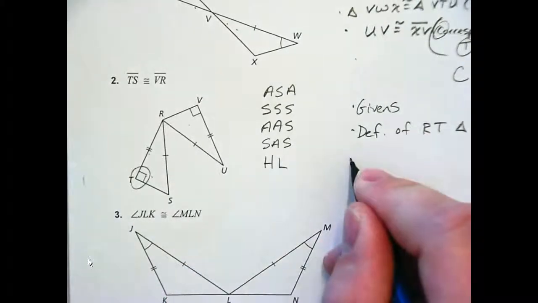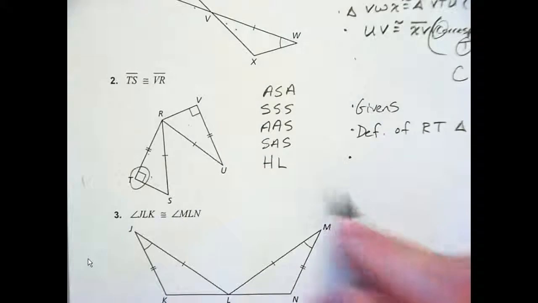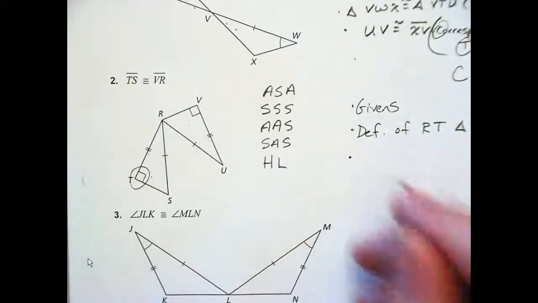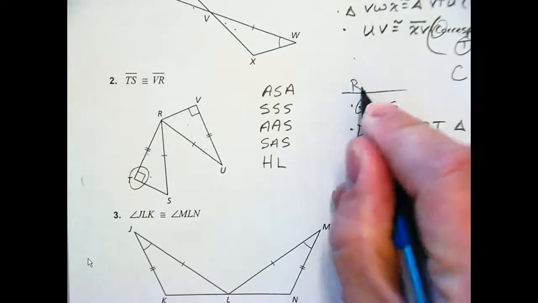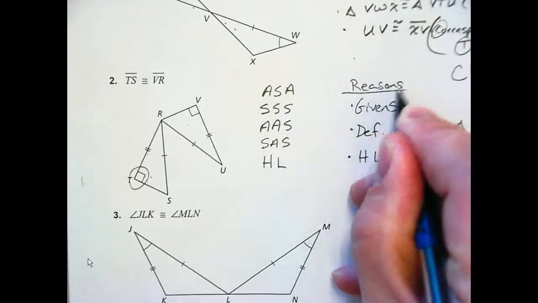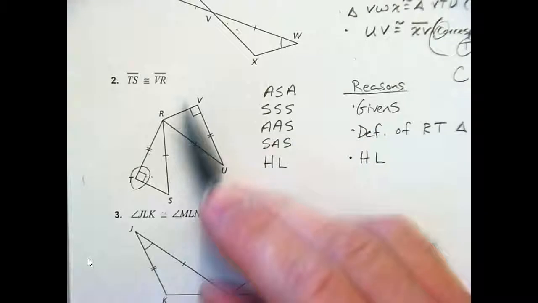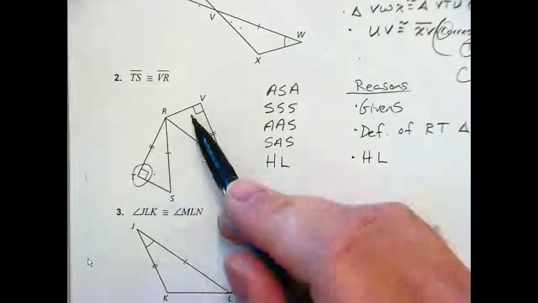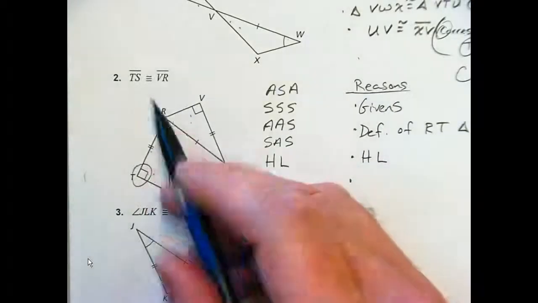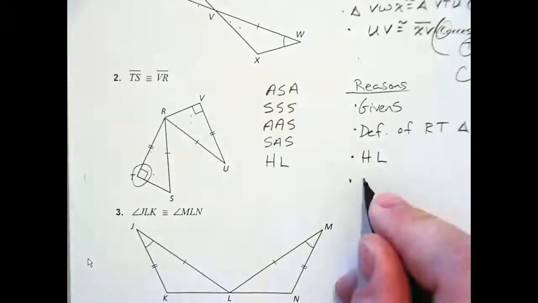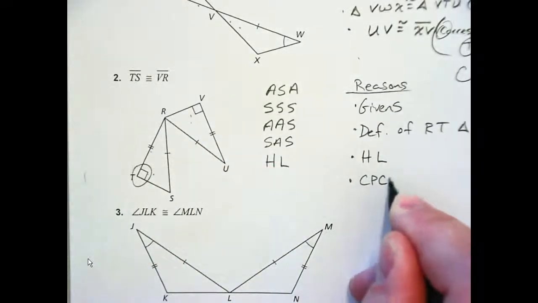And then, after that, I could use what theorem to state that they're congruent? HL. These are just my reasons, mind you. I'm not listing my statements right now. So the givens, definition of right triangles, make them right triangles. I now have hypotenuse leg, they're congruent, and then I can use TS to VR by CPCTC.